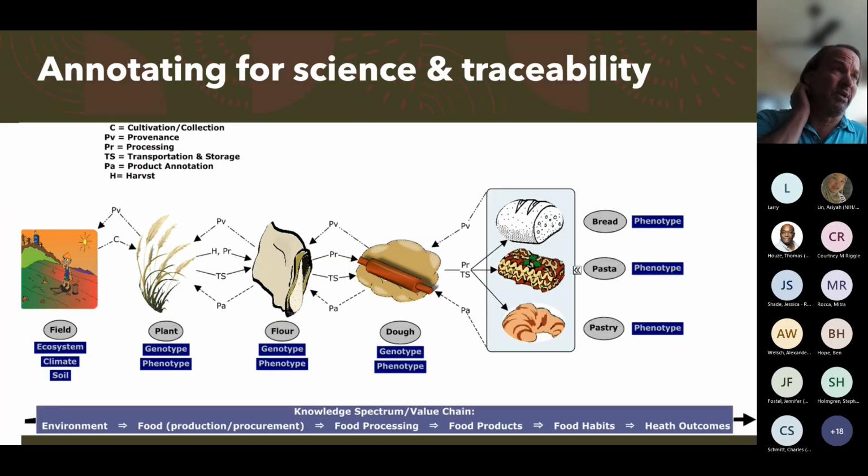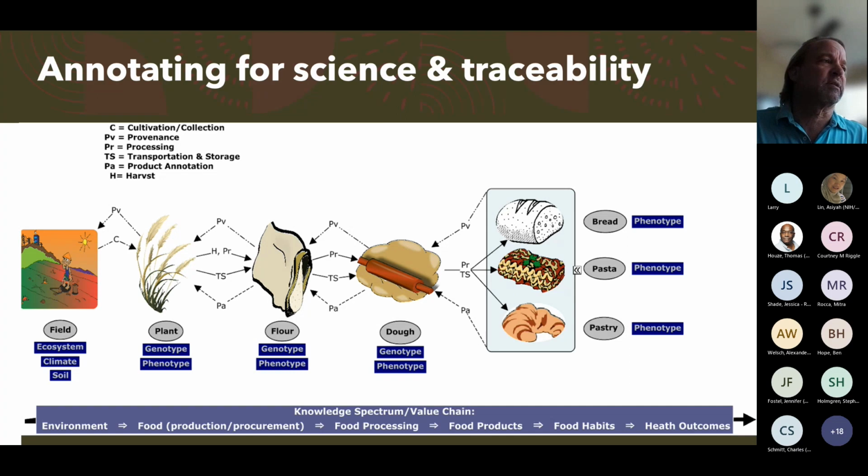So what this means really is that we have these issues and indicators for specific food system actors at an organizational level. But we also can begin to annotate not just these food system actors, but all the way down essentially to the molecular level.